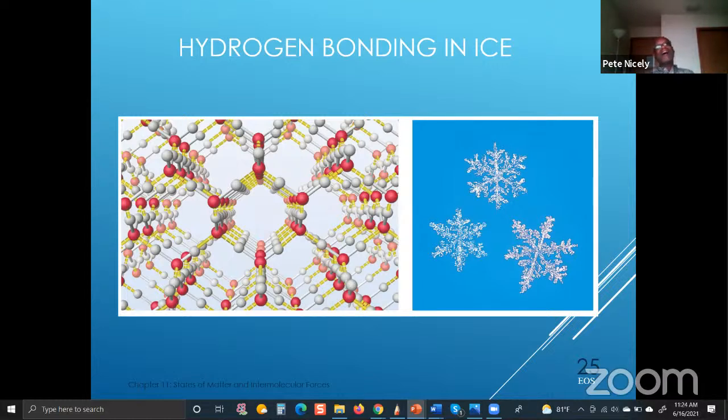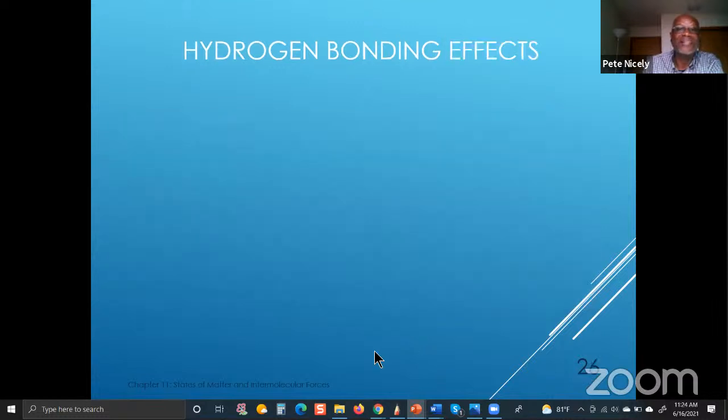And that's why ships are equipped with certain sonar equipment so that they can detect the mass of the iceberg beneath the surface, so that they can avoid collisions with icebergs, which is what happened in the case of the Titanic. They didn't have the equipment back then to detect the large mass of iceberg that was beneath the surface. So that again is related to, believe it or not, hydrogen bonding.